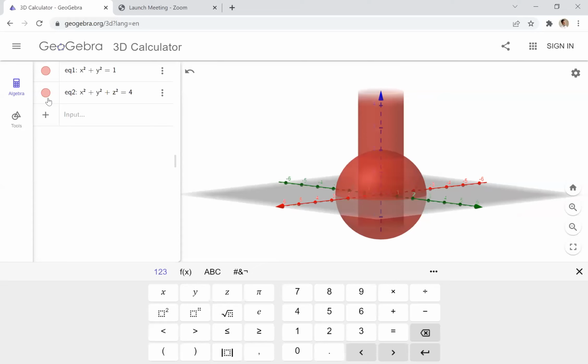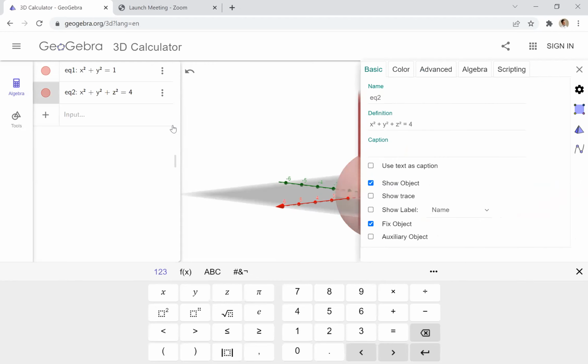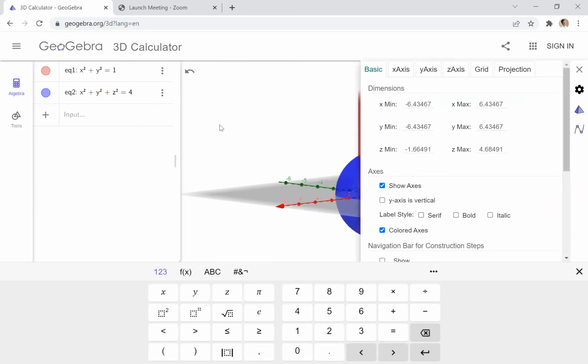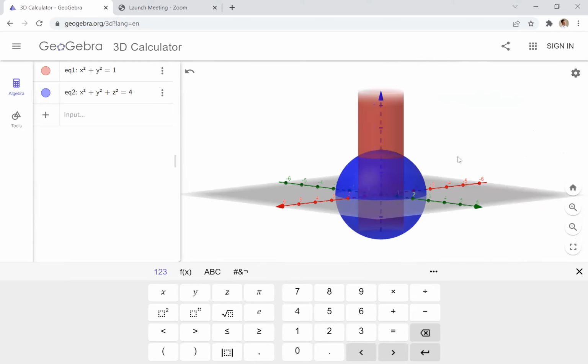I don't know why they have the two colors be the same. Change it to a different color. Yeah, look at this one here.